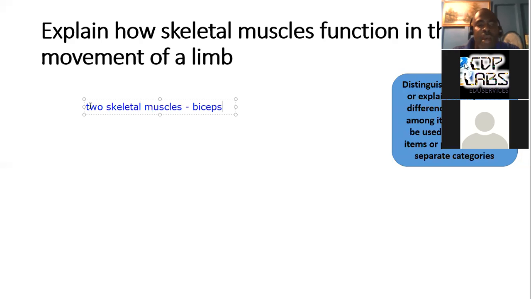And you must mention the description of the movement: antagonistic.